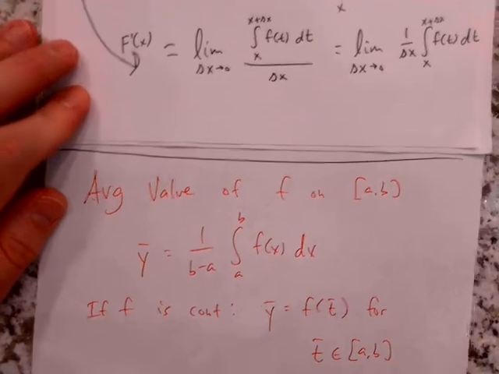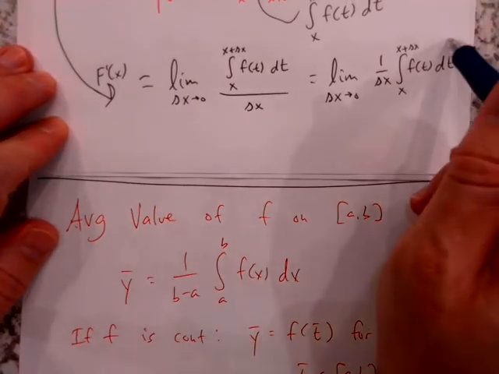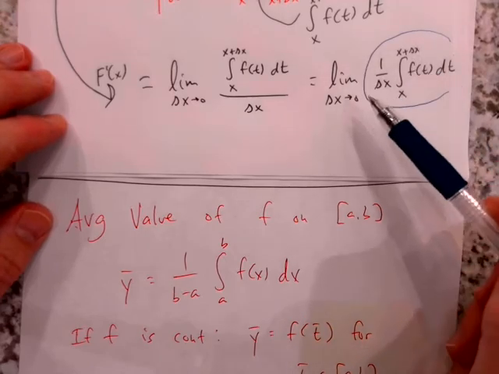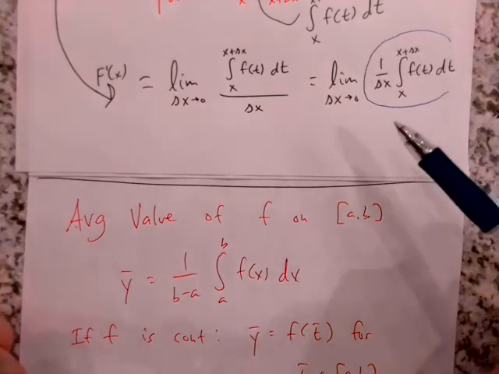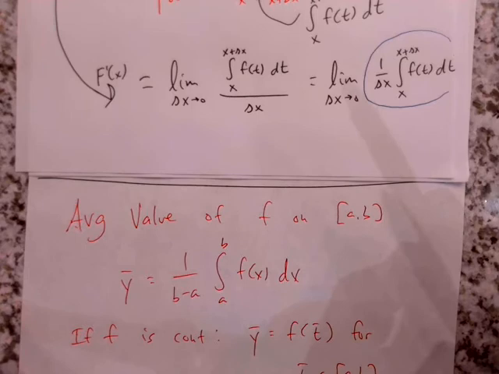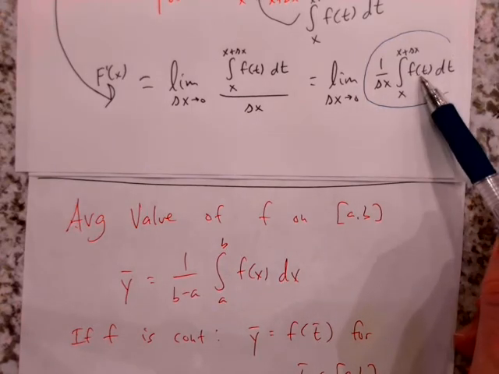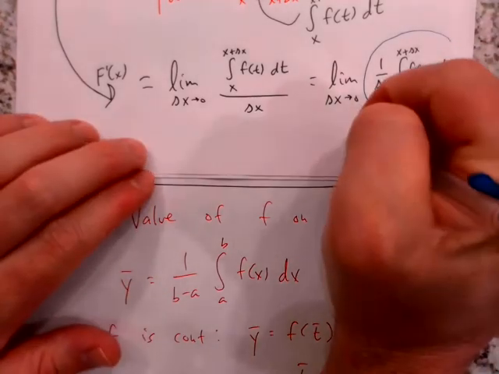Why we care about this is, look at this integral right here. This is 1 over delta x times the integral from x to x plus delta x. This is the average value of this function f of t from x to x plus delta x.